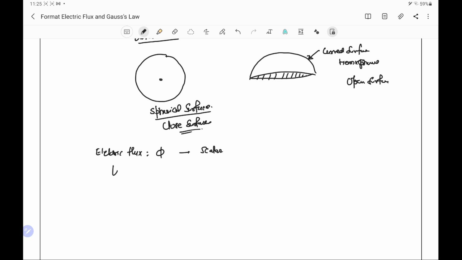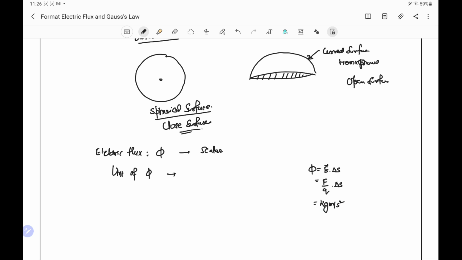Unit of the flux: we have written that flux equal to E ds. That means E is the electric field intensity and it was written as force per unit charge, into delta S. Therefore, we can find the unit as kilogram meter per second square.